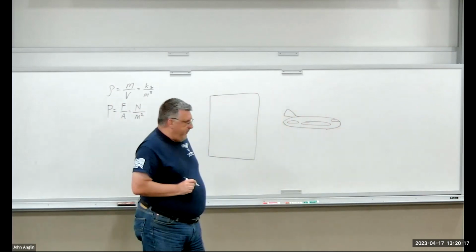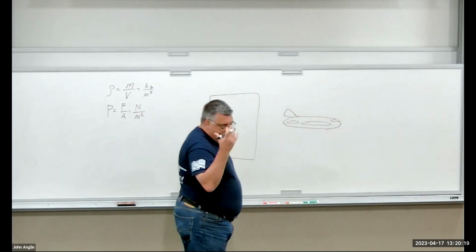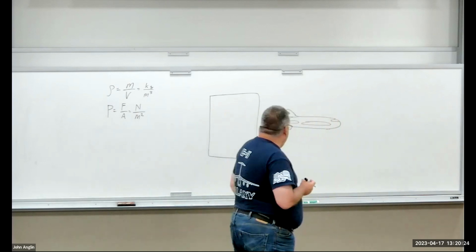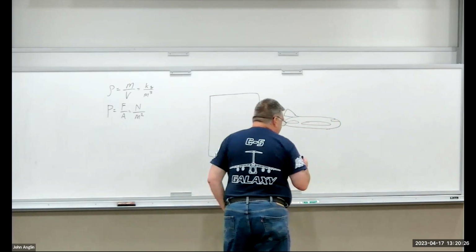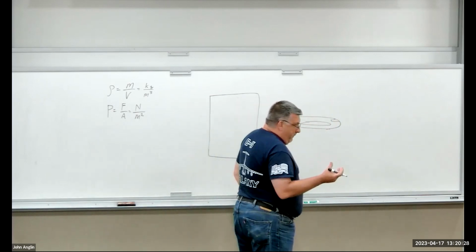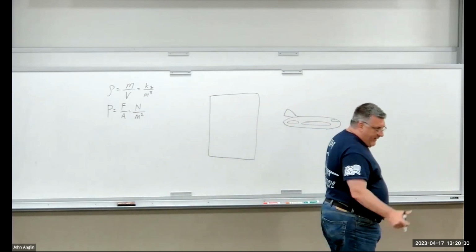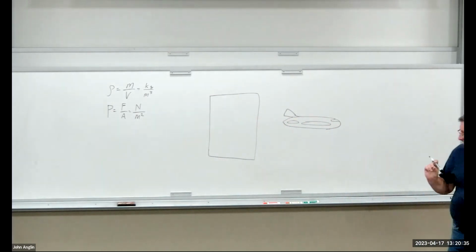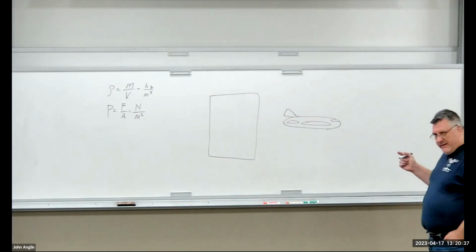So typically the way airplanes work is we're flying along at some altitude. Now you may or may not know that the higher you go in altitude, the lower the pressure. So let's take a look at that real quick.